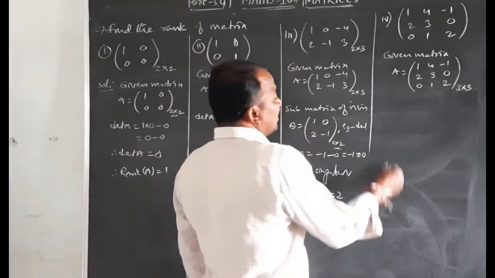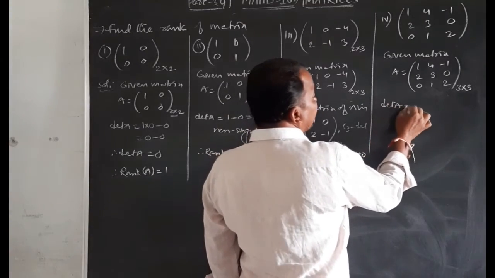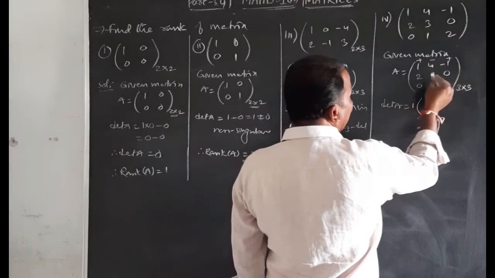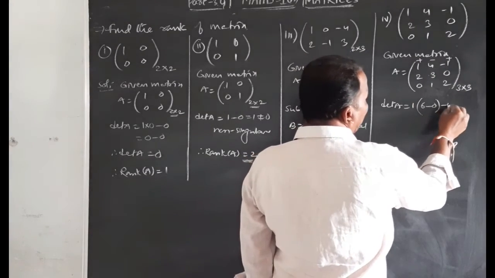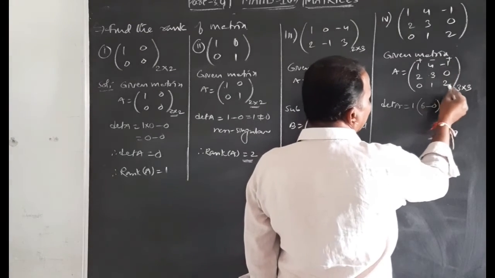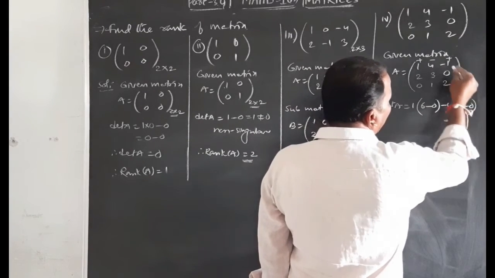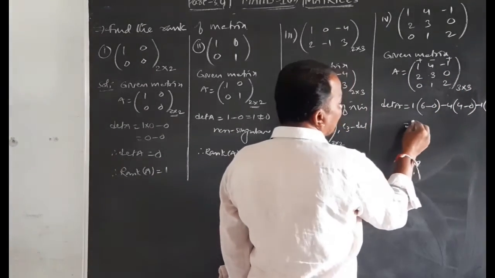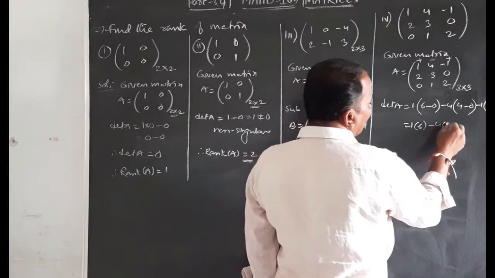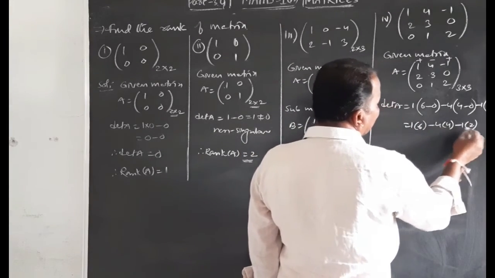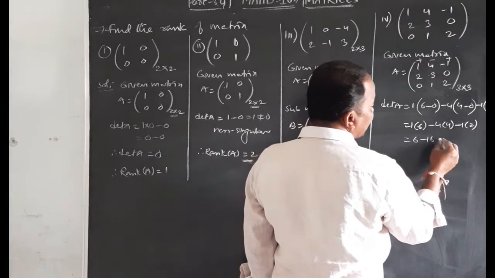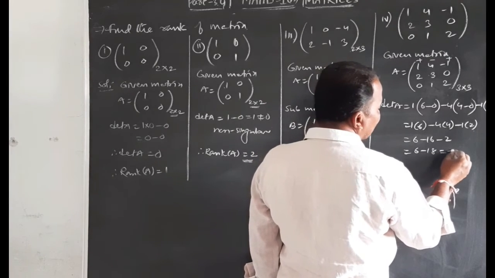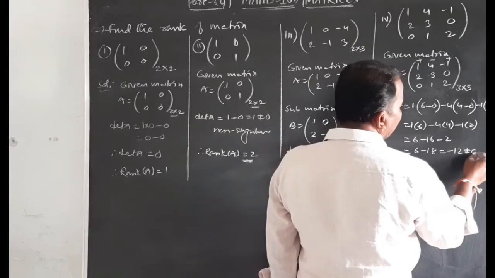First find the determinant of A. Expanding along the first row with signs plus, minus, plus: 1 into (6 minus 0), minus 4 into (4 minus 0), minus 1 into (2 minus 0), which is 6 minus 16 minus 2, equal to minus 12, not equal to 0.